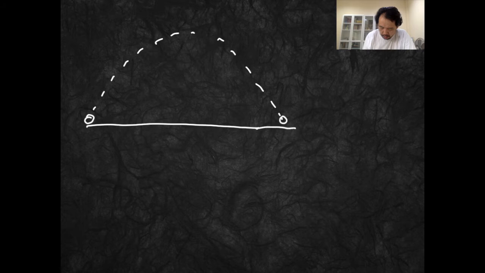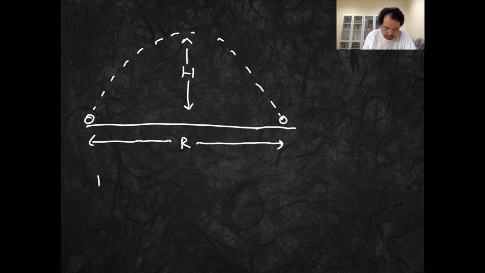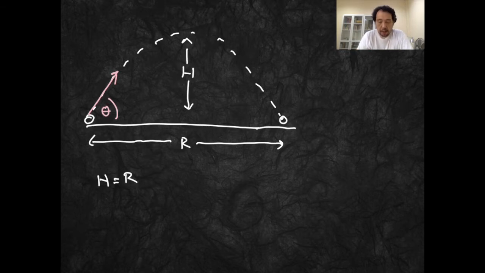Okay, so it means that we have the situation that a rock moves in the projectile trajectory because it moves freely under the gravitational acceleration, and we found that its maximum height h is equal to its length. Okay, h equal to r, and what we want to know is the initial angle that the rock is thrown.